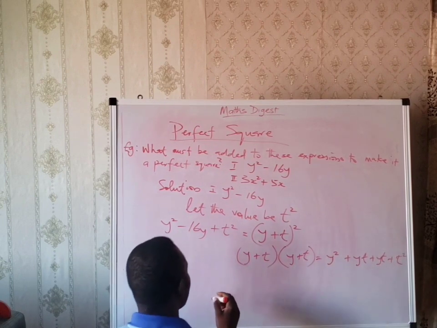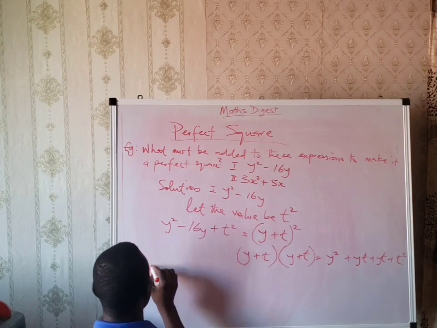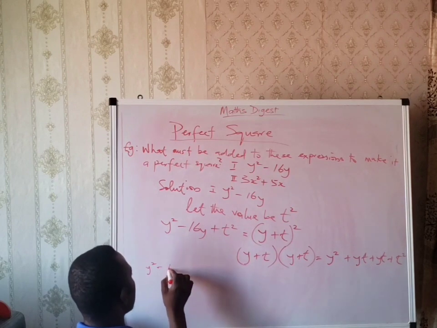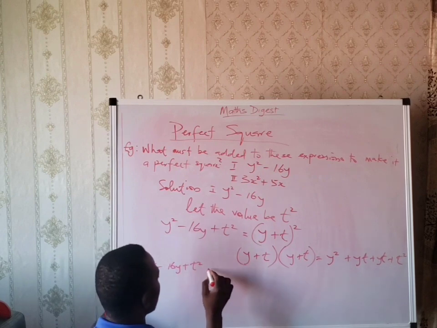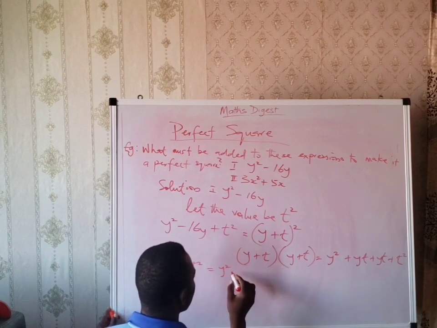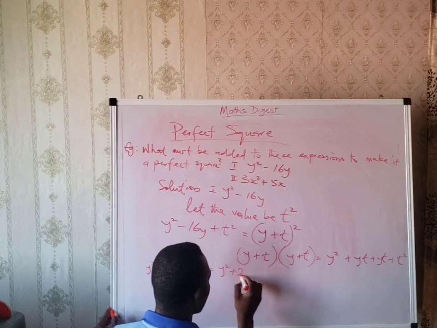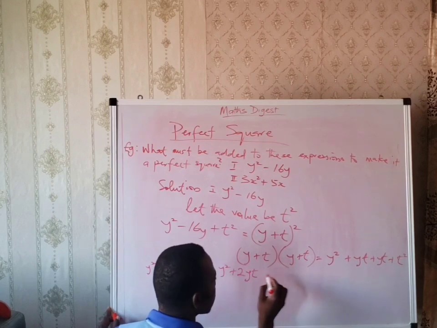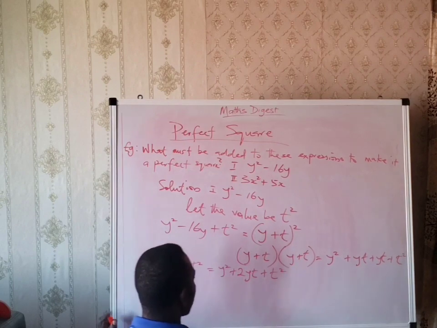Now, bringing this down, we have y raised to power 2 minus 16y plus t squared equal to, we bring down this, we have y squared, this plus this will give you plus 2yt plus t squared.